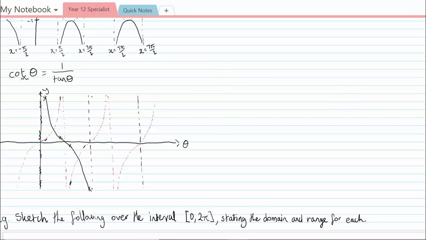And do the same in this section. Yep, that's looking good. All right, so that's the graph of cot theta.